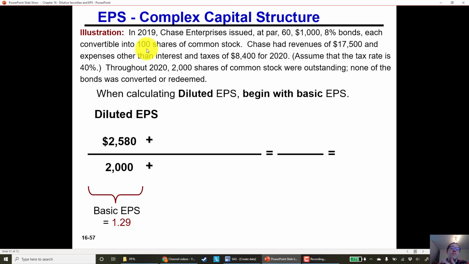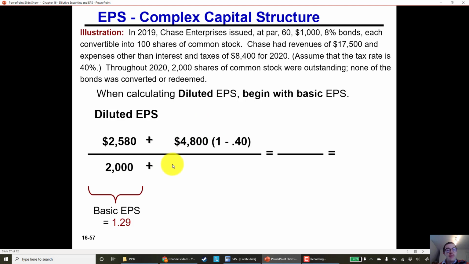Now, because these were issued in a previous year, we're going to assume the bondholders exercise their option to convert on January 1st. So we're going to add 6,000 to the denominator. For the numerator, though, we're going to take 60,000 times 8%, 4,800. We're going to add that to our net income. We're going to multiply it by 1 minus the tax rate. And the tax rate is 40% in this problem. That's going to reflect the money we save by not paying that bond interest.